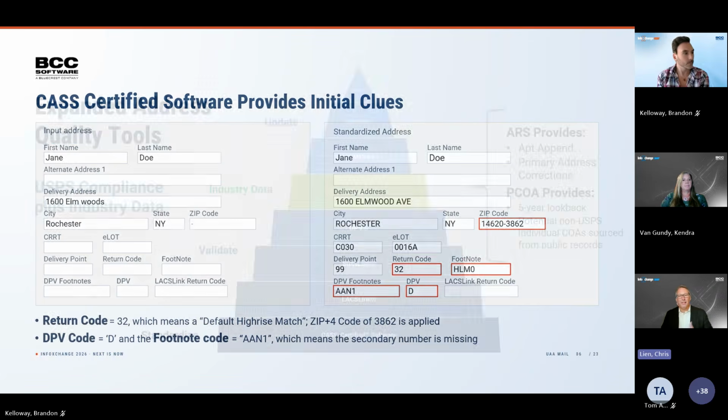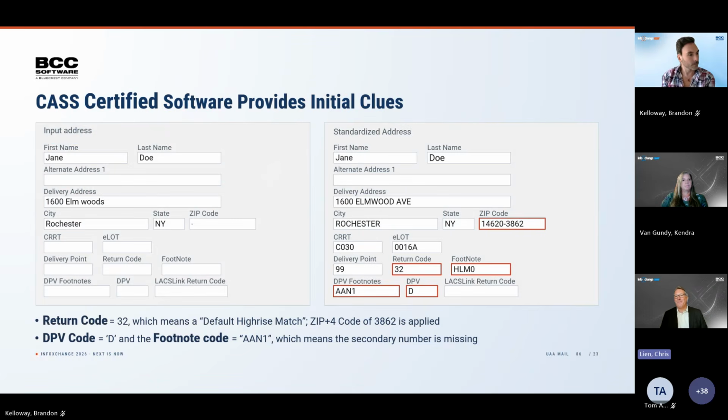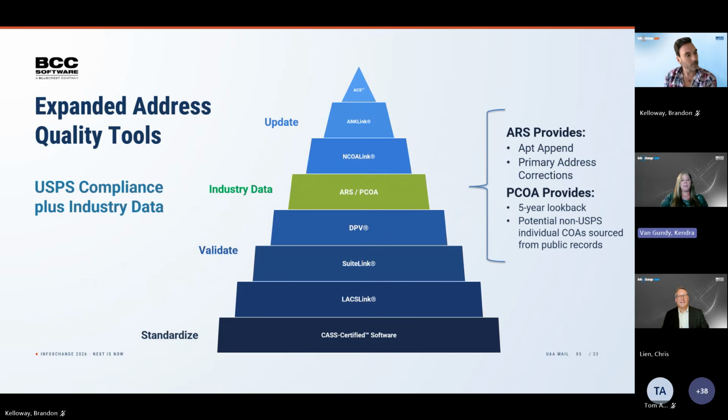Kendra, do you remember any of these data sets when they first came out? Oh yeah, DPV was one when that first came out. A lot of customers didn't know what to do with it, right? They weren't getting ZIP+4s anymore, and they didn't know what DPV was. And it was like, explaining it to customers, and to our MSPs, explaining it to their end users. You don't want to deliver mail to a city park, right?